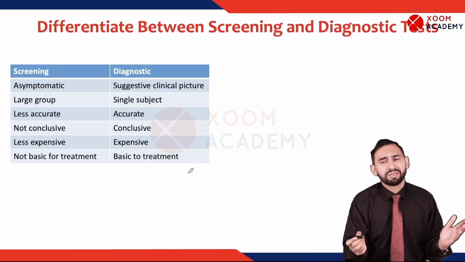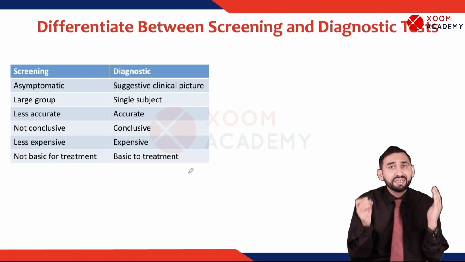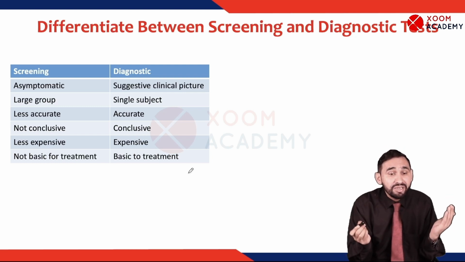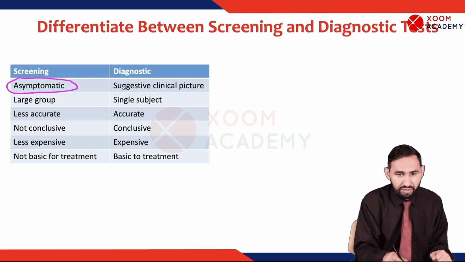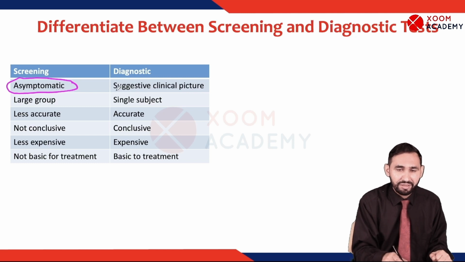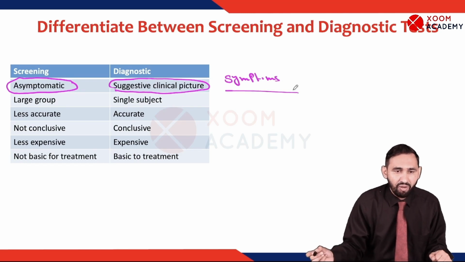There is a difference between a screening test and a diagnostic test. We all know that a screening test is done on apparently healthy individuals. They are asymptomatic. There are no symptoms of disease in the screening population. But for a diagnostic test, they have some clinical picture or they appear with symptoms. A person comes to you in the hospital, in the emergency, with symptoms.